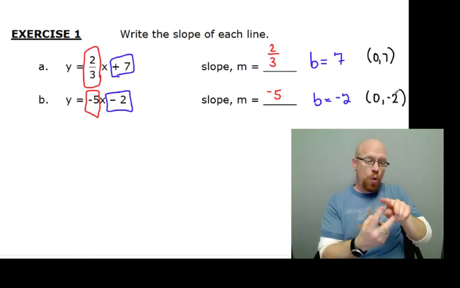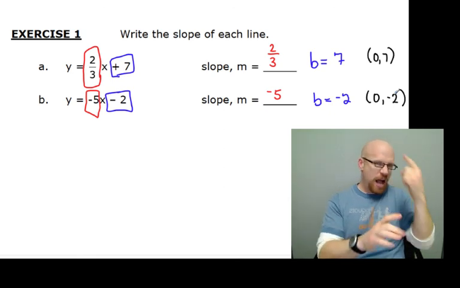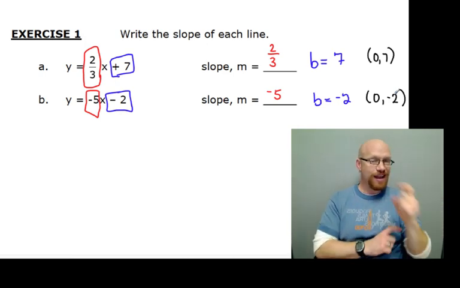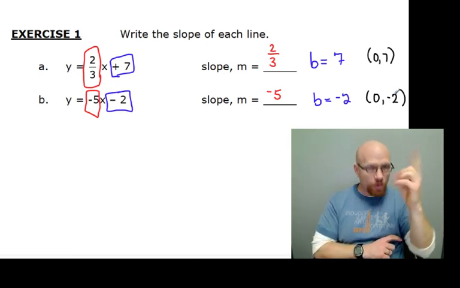I put down the actual coordinates, xy pair, in black. 0, 7, 0, -2. X will always be 0.